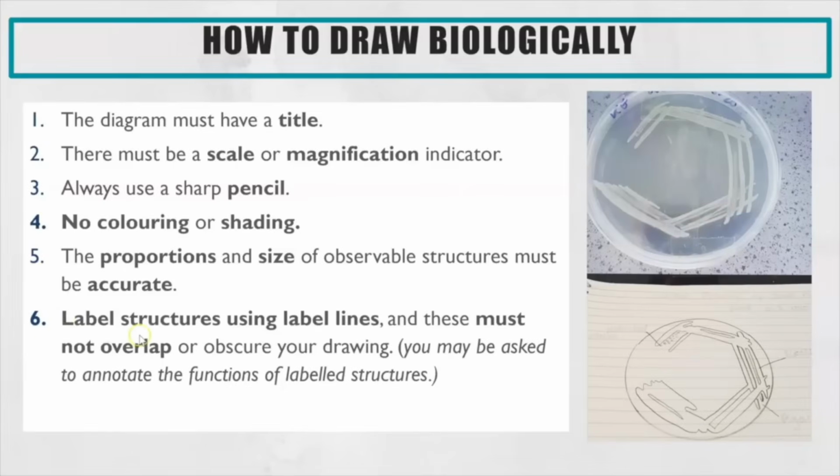So that is testing your knowledge, but what you need to make sure of is the lines that you are drawing, they need to literally touch what it is you're referring to. So we can see here, that is the E. coli, that is the agar, and you need to make sure that your label lines do not cross over other label lines, and make sure they're not obscuring key parts of your diagram. So those are your 6 key tips of how to draw biologically.